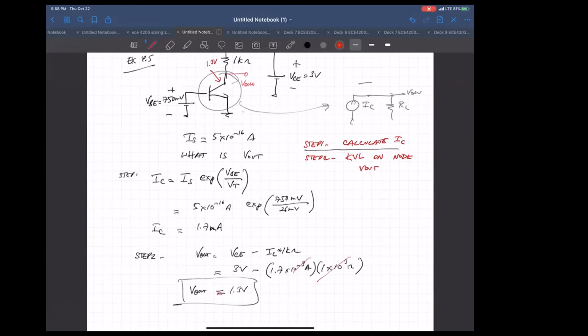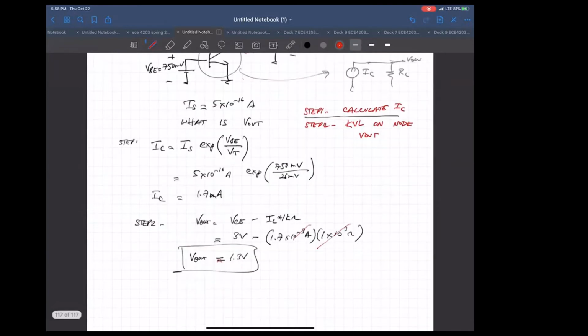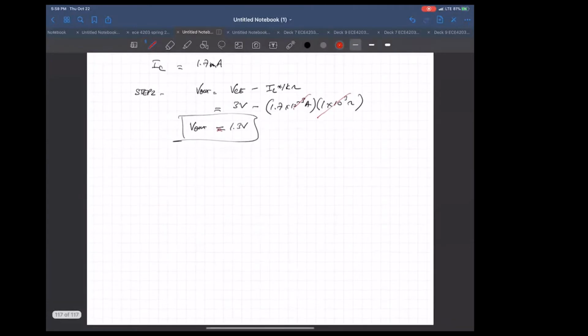Okay, so let's see. I think one last thing about collector current before we jump into the base and emitter currents is, we're saying this, but let's state it more specifically.